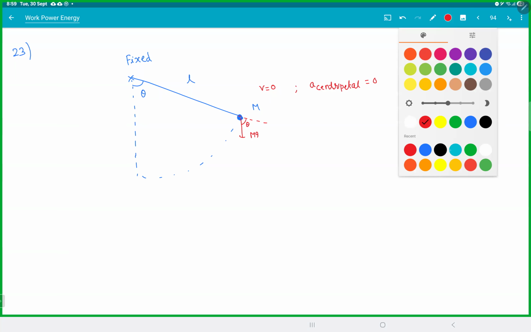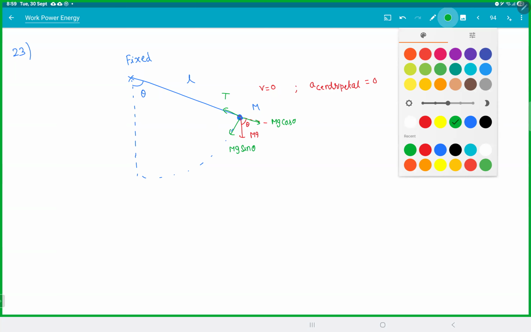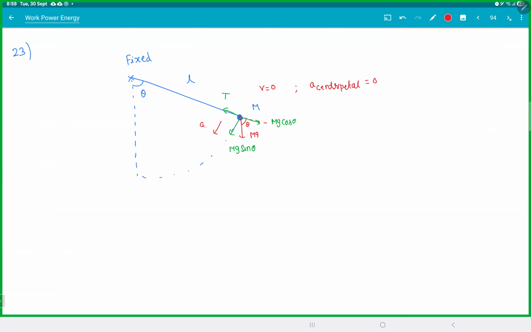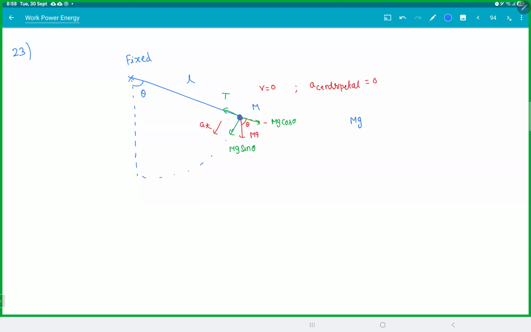If you look at the components here, this is mg cos theta, this is tension, and this is mg sin theta. So this mg sin theta is creating your A tangential. So mg sin theta is mass into A tangential. So A tangential is g sin theta. This is your initial acceleration.